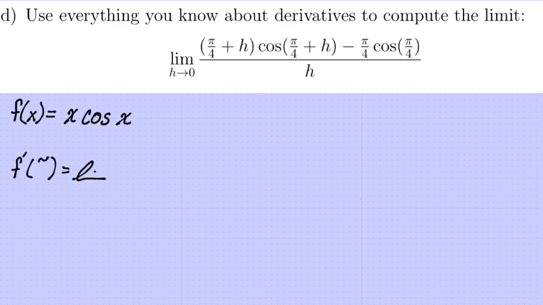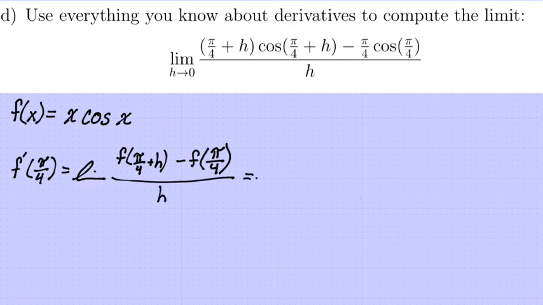Pi over 4. So this is going to be f of pi over 4 plus h minus f of pi over 4 all over h.